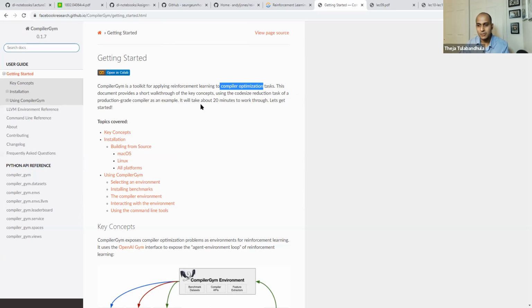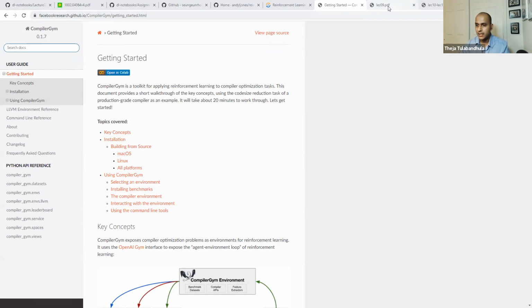Even there, folks are trying to use ideas from reinforcement learning. This is something by Facebook Research, so you can have a look at it. It's just an example to tell you that there are a lot of different applications of RL, but we'll look at the basics today and in the next session. Hopefully that will give you a good idea, and then you'll see where all you can apply it in applications.